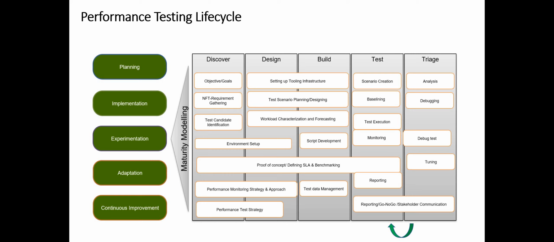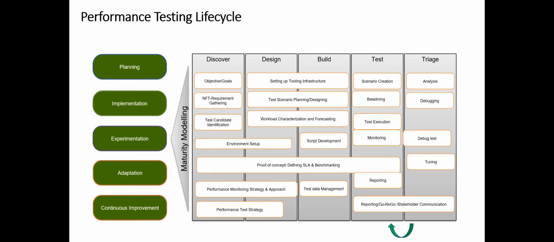Proof of concept is nothing but taking one flow, doing a sample script of that application, and checking whether the whole effort is doable or not. Even before the project starts, these are things we need to do during the discover phase. We need to ensure that with whatever tool is available in our project, we will be able to script this application or not.